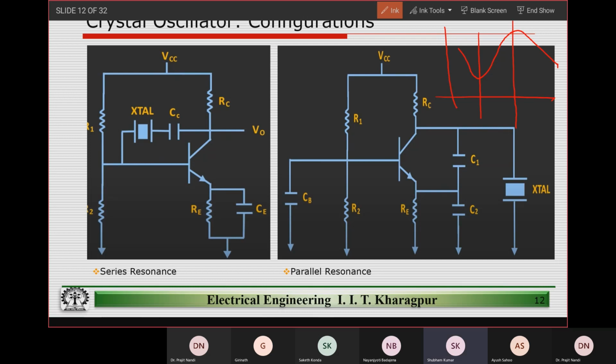The lower frequency, yeah. So here this crystal is connected in the feedback path, which you can understand, because you can see the output voltage V, a portion of that is fed back. Yes, sir. So if you look at the Barkhausen criterion, what did we say? That the loop gain A beta, that magnitude has to be equal to or greater than 1.